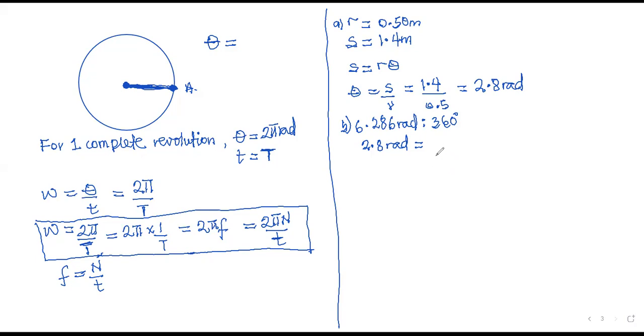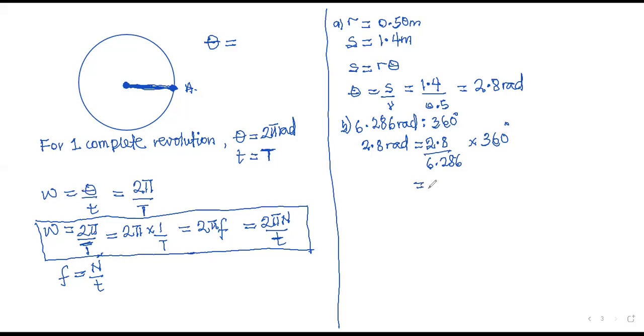Thank you. So because it will be less, we divide 2.8 by 6.286 and multiply that by 360. The radians will cancel out. That's why I'm not writing it.